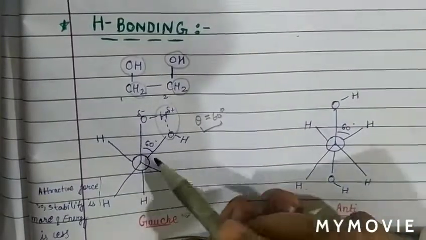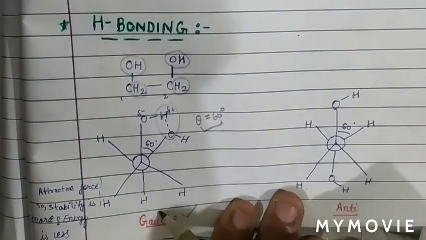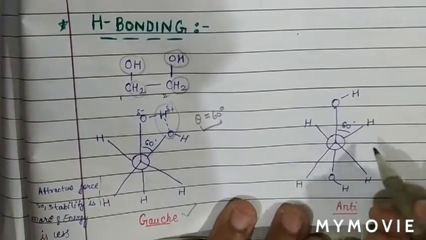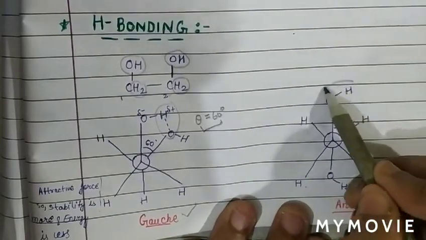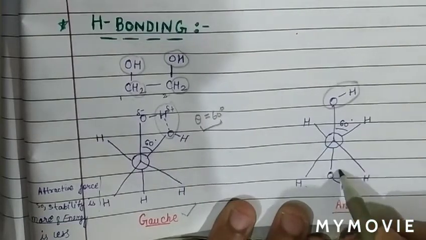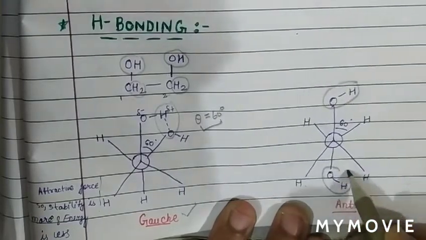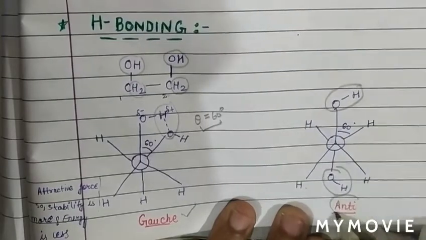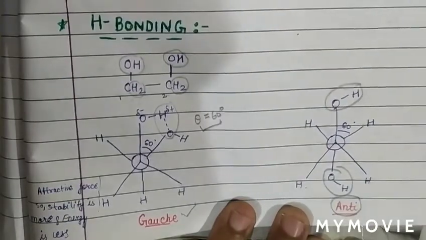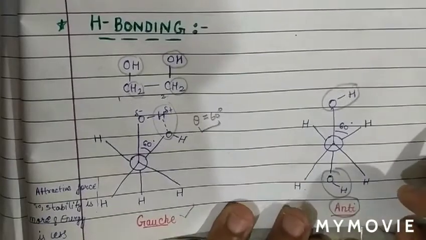Also, when we rotate again, so that these OH groups are at anti positions, we call this the anti position or staggered form, as we have seen in the case of ethane.